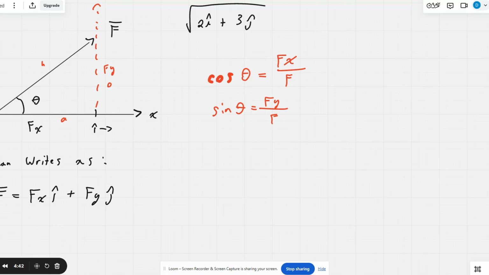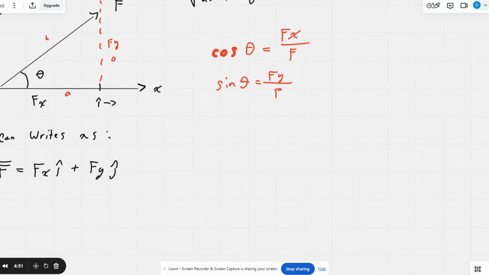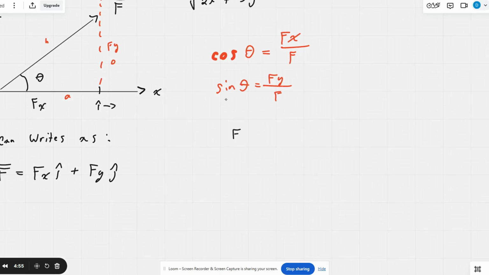And so if we were to solve here for f of x and f of y, f of x would equal f times cosine theta, and f of y would equal f sine theta.